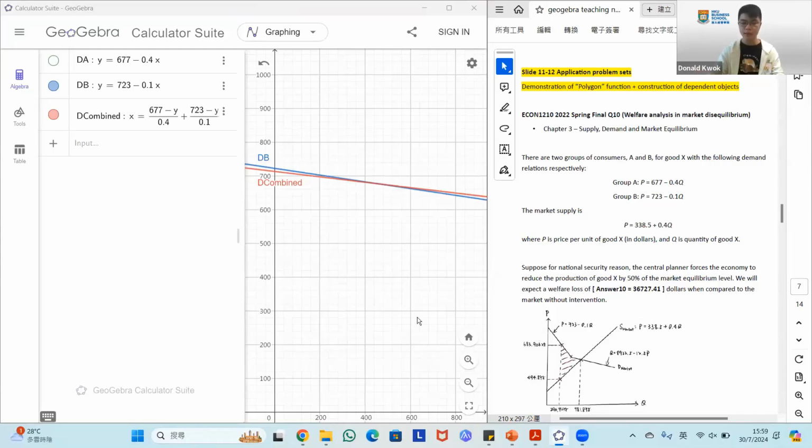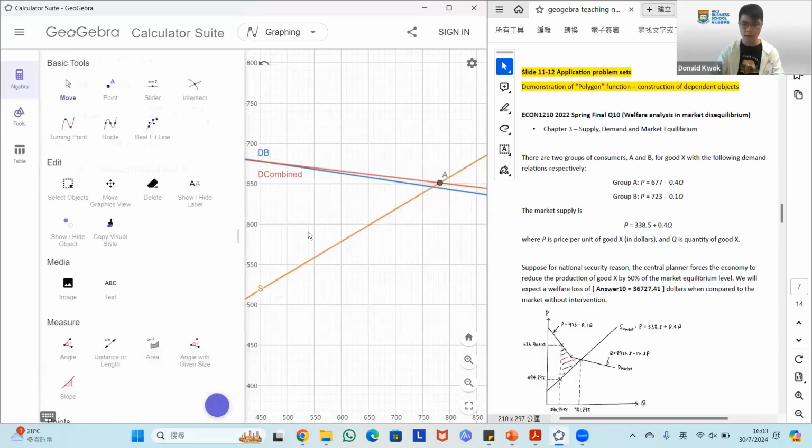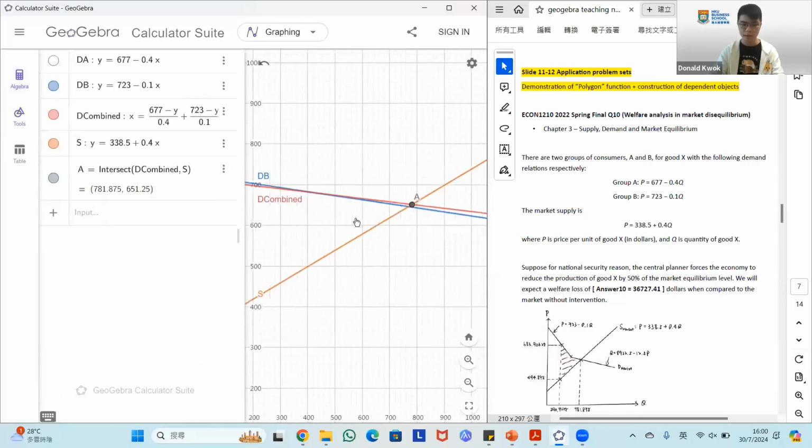Next, because we need to find the market equilibrium point first, let me also put down the market supply curve. Therefore, here, the intersection point, point A, will be giving us the market equilibrium point.